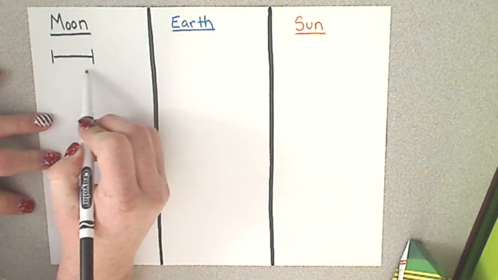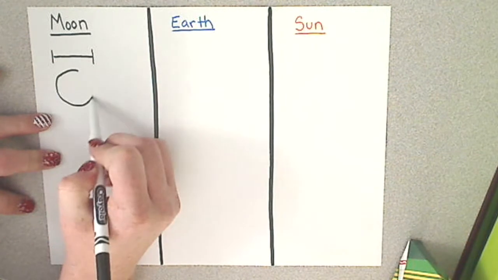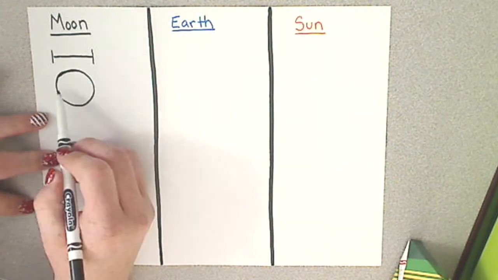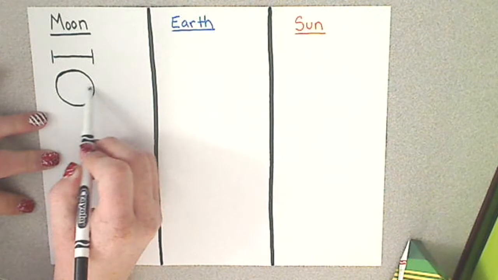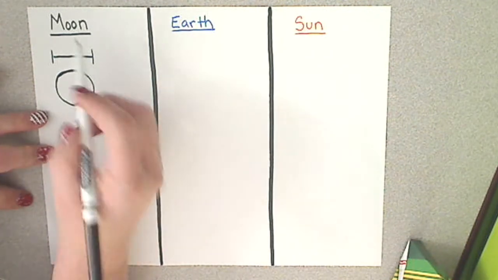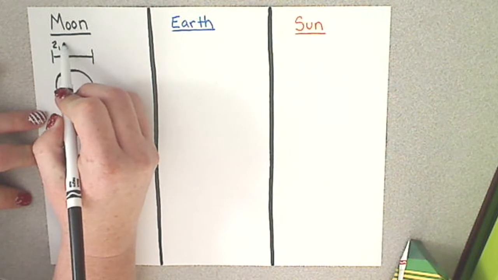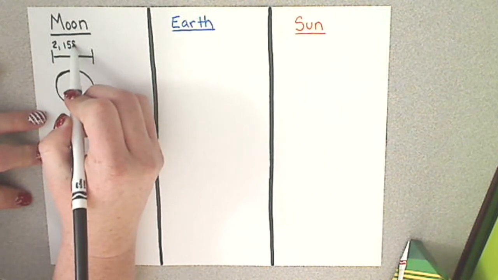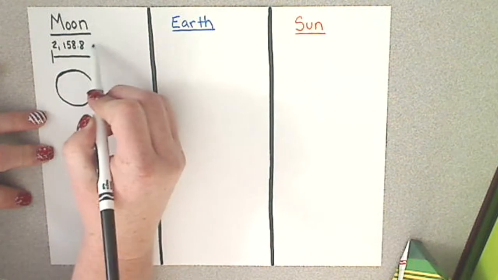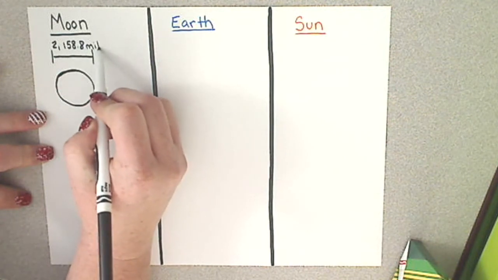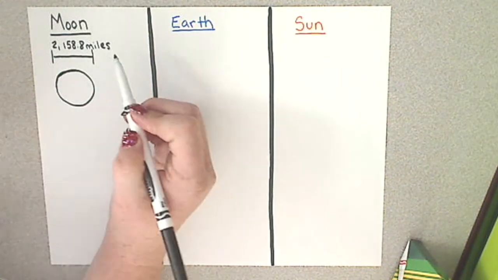If you measured its diameter, which the diameter of something such as a circle is the measurement straight across, the diameter of the moon is 2,158.8 miles.